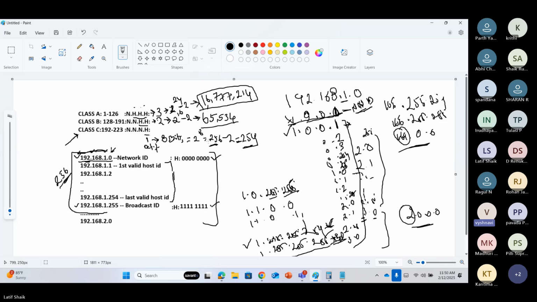Sir, I have a doubt. Yeah, tell me. So the class A limit is 1 to 126. What is that? Yeah, 1 to 126. Actual class A, as per class, is 0 to 127.